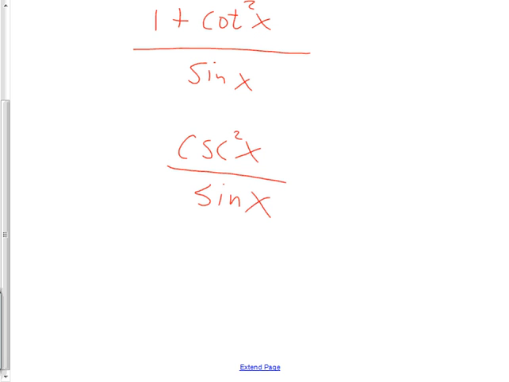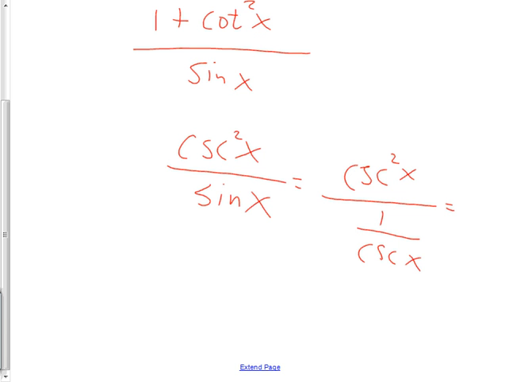All right. So what is sine equal to? 1 over cosecant. So if I have cosecant squared over 1 over cosecant, the bottom one's not squared. There we go. See, sine is 1 over cosecant. See what I mean? Then you can flip and multiply it.